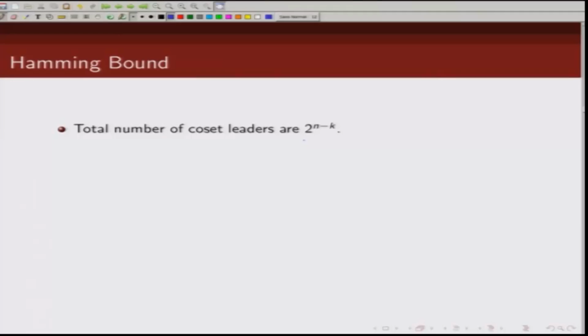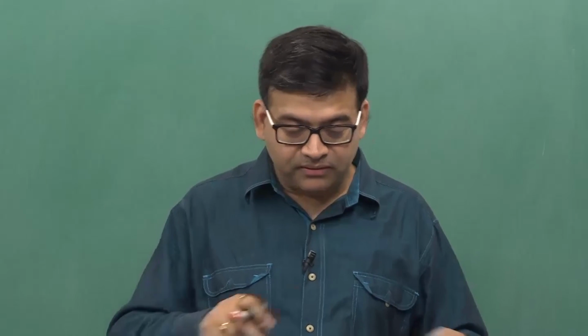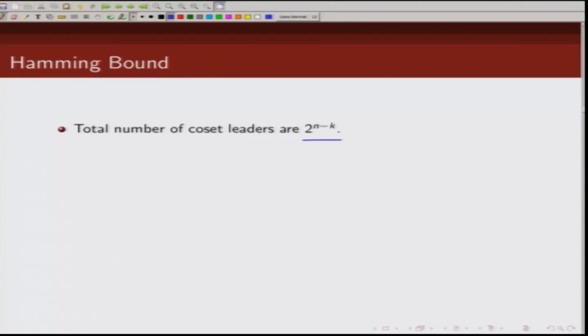Now, that number we know is given by 2 raised to power n minus k. So, these are the total number of coset leaders we have. Now, we want all of these error patterns to be coset leaders, so this number should be less than 2 raised to power n minus k.